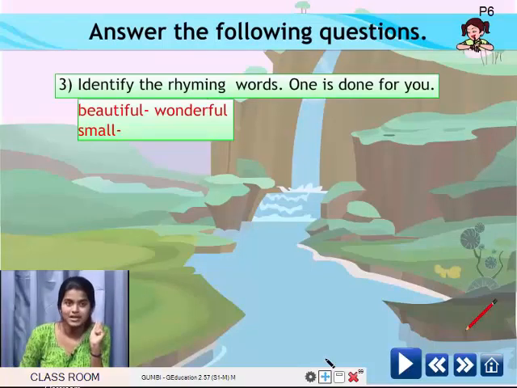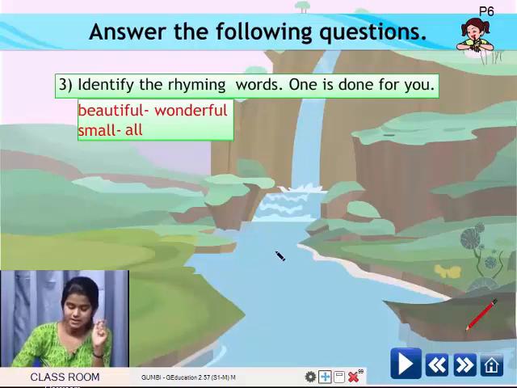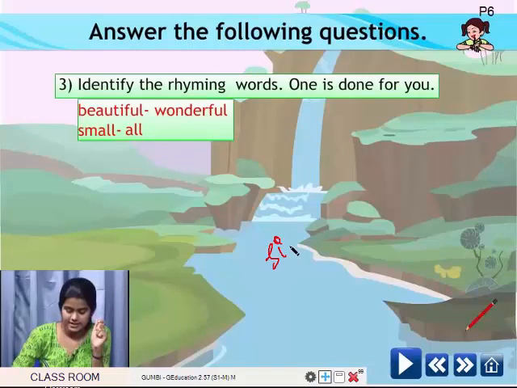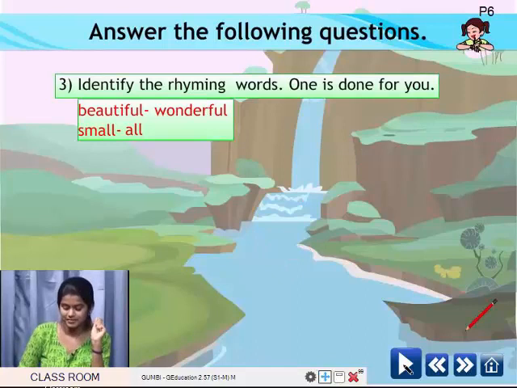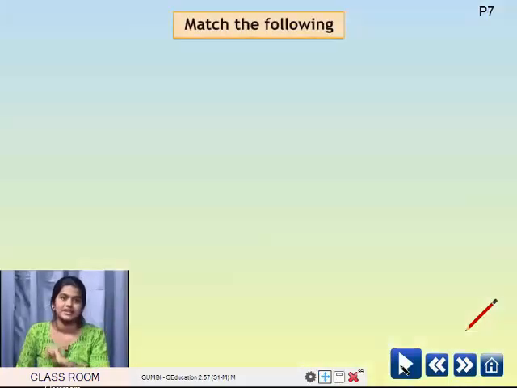You read it in the poem, children. Tell me. Good. It is all. And there is one more word. Sings. In the poem there was a word, sings. And there was one more word which rhymes with this word, which has the same sound. He made their glowing colors. He made their tiny wings. Very good. So sings and wings are rhyming words because they sound the same.